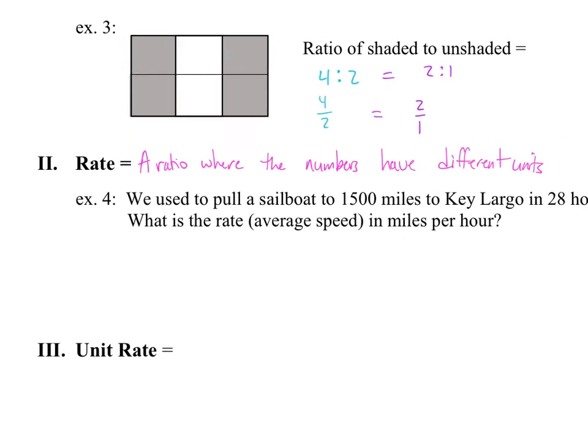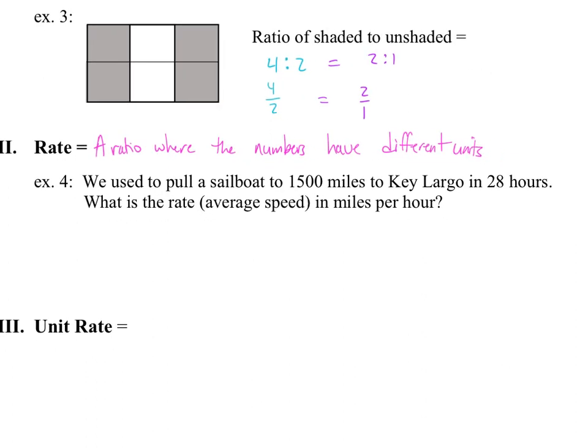So when you look at this one here, we've got a sailboat that sails 1,500 miles to Key Largo in 28 hours. What's the average speed in miles per hour? So our units are miles and hours. They're different things. So that's where we're going to have a rate.